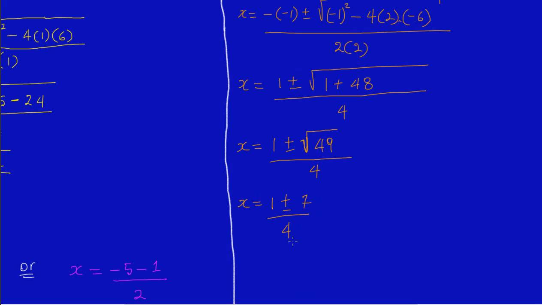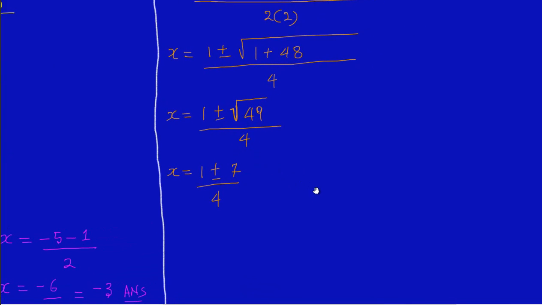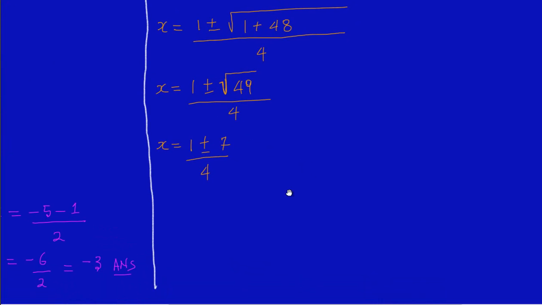Now, once we have simplified and gotten rid of our square root sign and we have our plus and minus, we're going to split that term. So basically what we have left from this is x is equal to 1, and I'm going to use my positive sign over here, plus 7, all over 4.